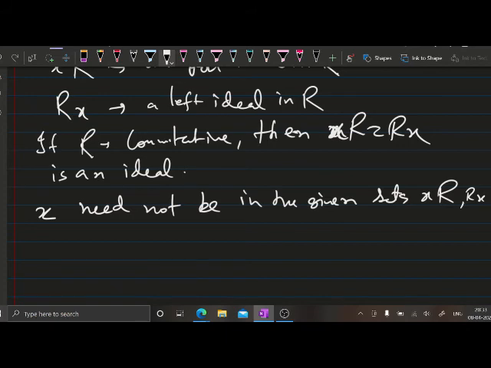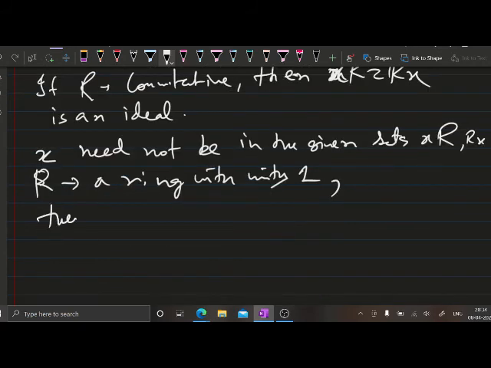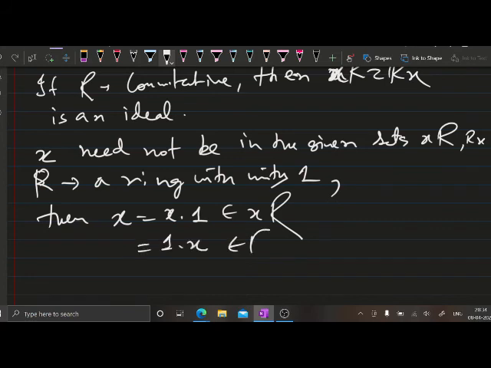But if you consider a ring R with unity 1, then x can be written as x dot 1. So this 1 is a member of R, therefore x belongs to xR. In a similar way, x can be written as 1 dot x, so it is in Rx, right?